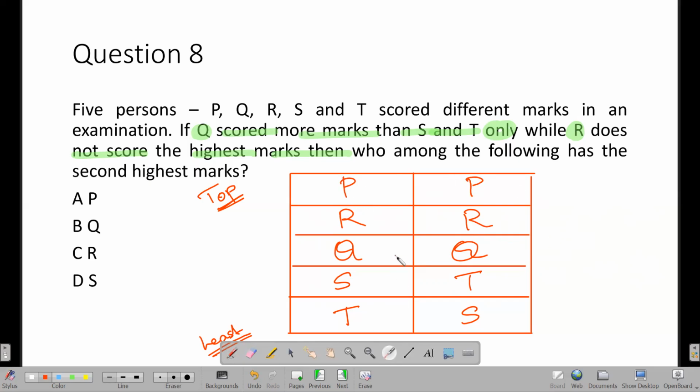Now, in the question it is asked, among the following, who has the second highest marks? Second highest marks means you can see this is the first highest mark, the topper. Second highest mark you can see R got that. So you should mark option C, R, as your answer choice. All right. Let's go to the next question now.